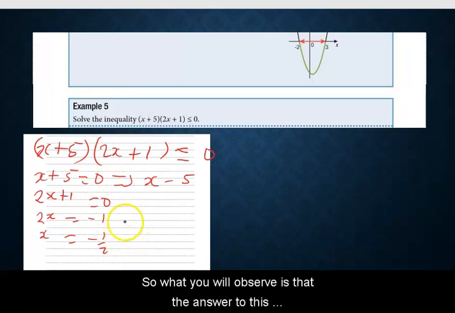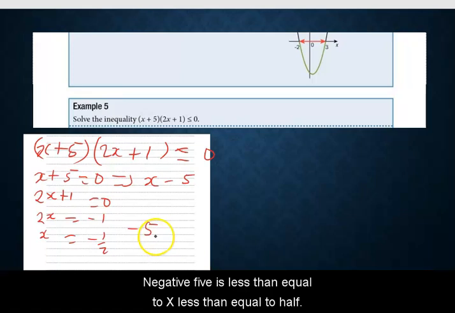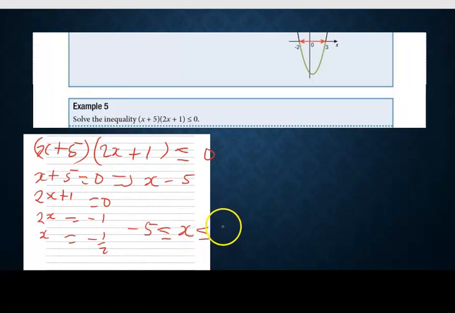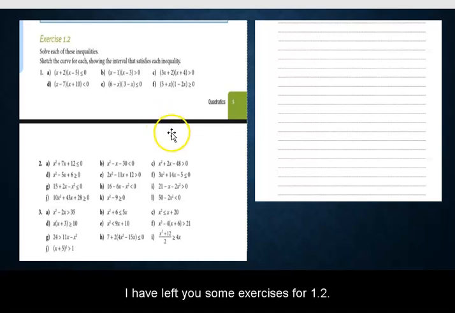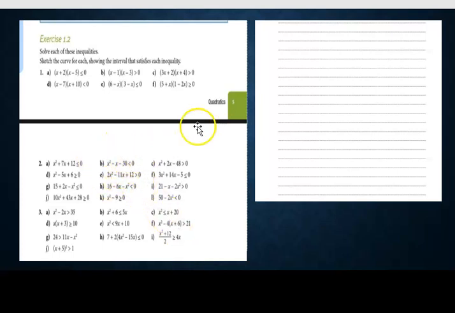So what you will observe is that the answer to this question is negative 5 less than or equal to x, less than or equal to negative half. Correct. So this is as simple as that. I have left you some exercises for 1.2. Check it out and confirm your answer on the link below the video.